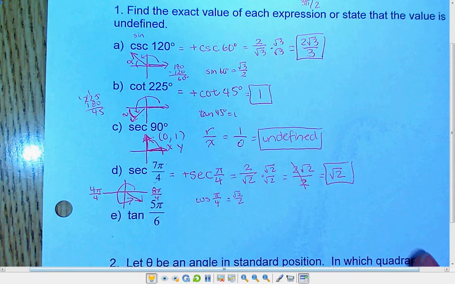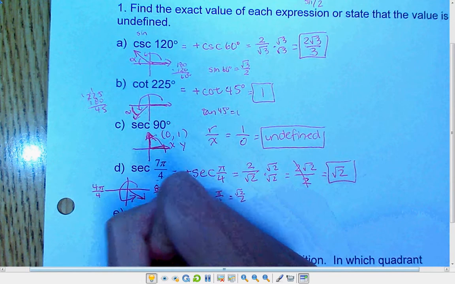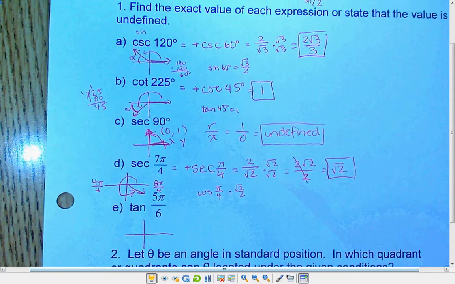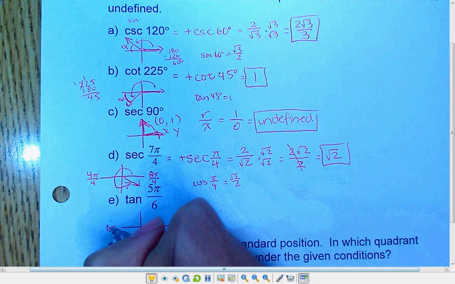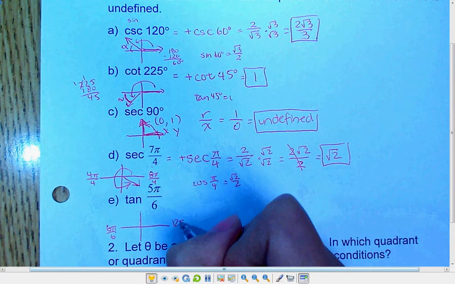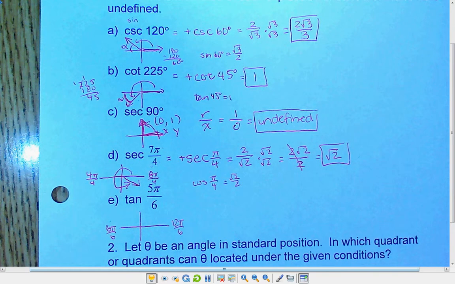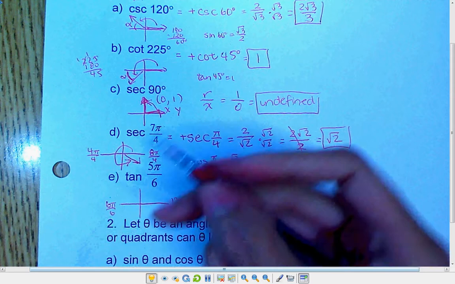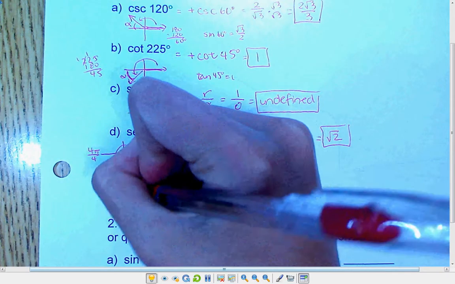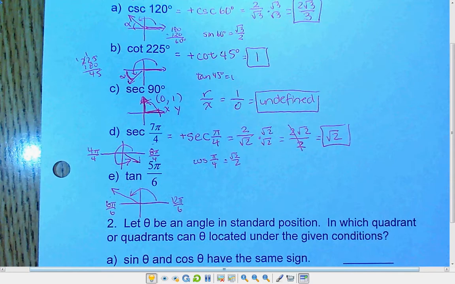Okay, tangent. Again, we're going to draw this using what we learned yesterday. This is 6 pi over 6. Over here will be 12 pi over 6. And 5 pi over 6 is 1 less. So it's going to be in the 2nd quadrant.